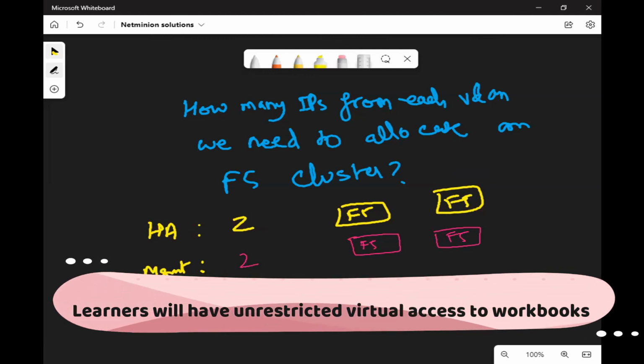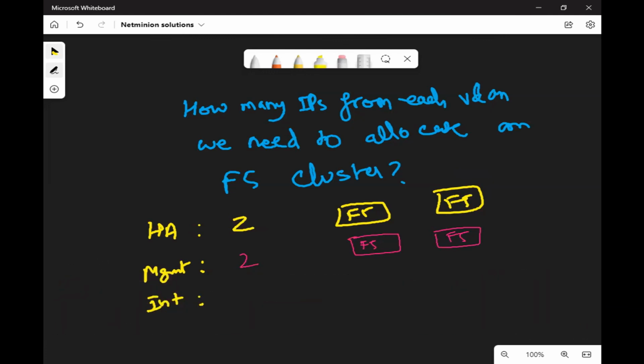Internal. Could be many IPs, but I am talking about on the F5 only, for the initial bring up. One IP, I think. 3?